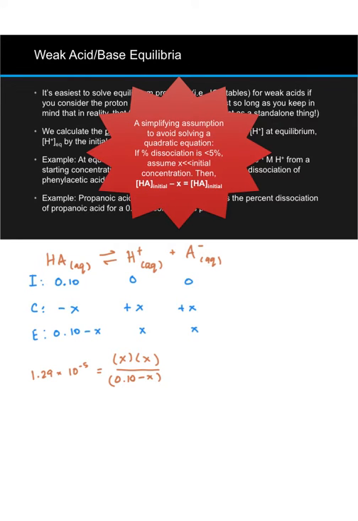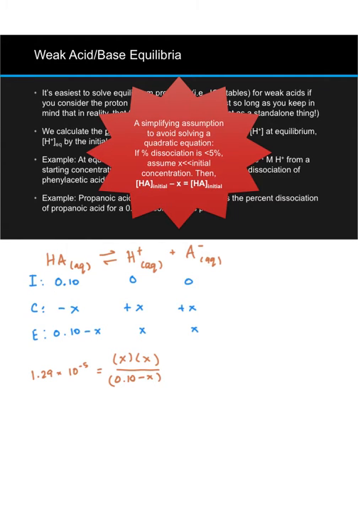Like we saw on the previous slide, a change in concentration for phenylacetic acid from example 1 was about 0.01, 0.3% change. That's not a whole lot. The simplifying assumption tells us that our initial concentration of weak acid minus our equilibrium concentration of HA is, for all intents and purposes, insignificant.